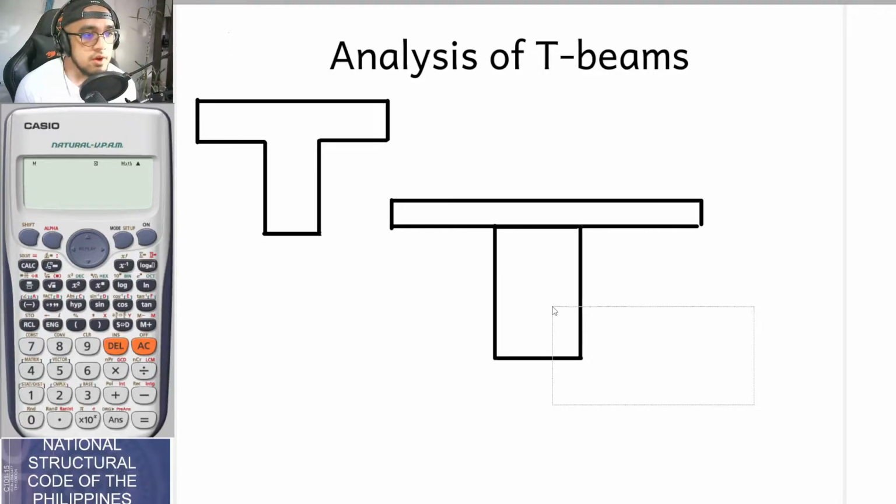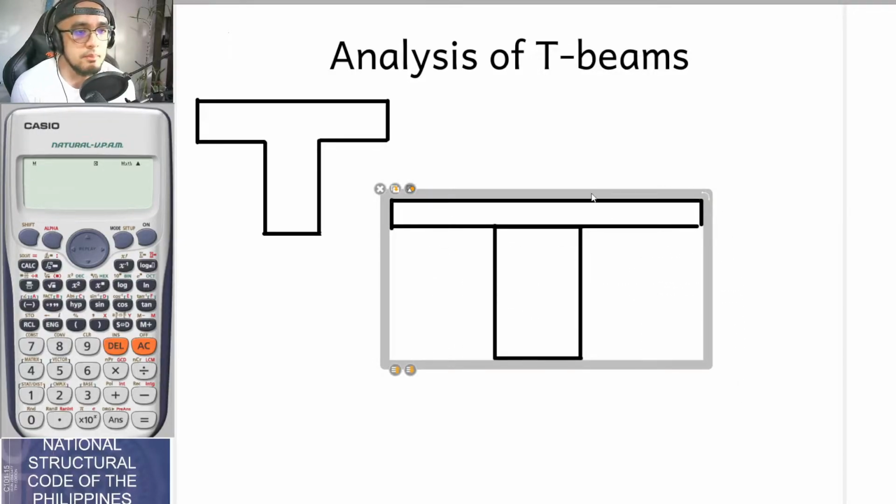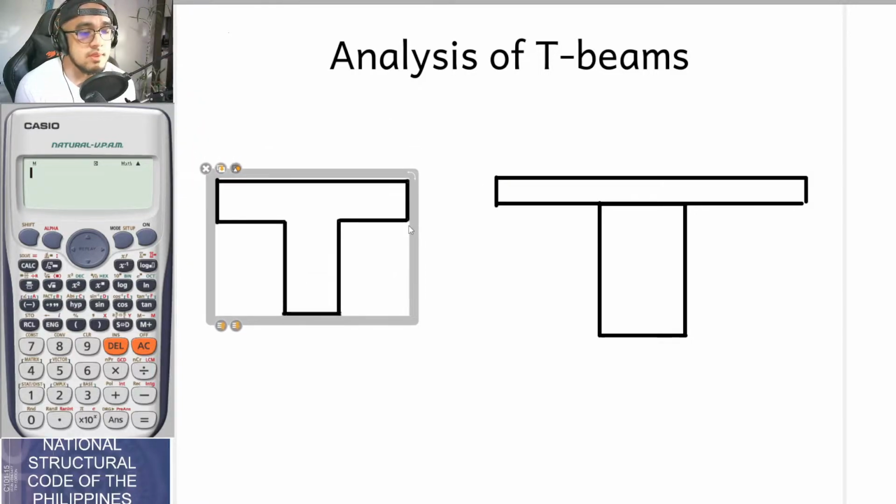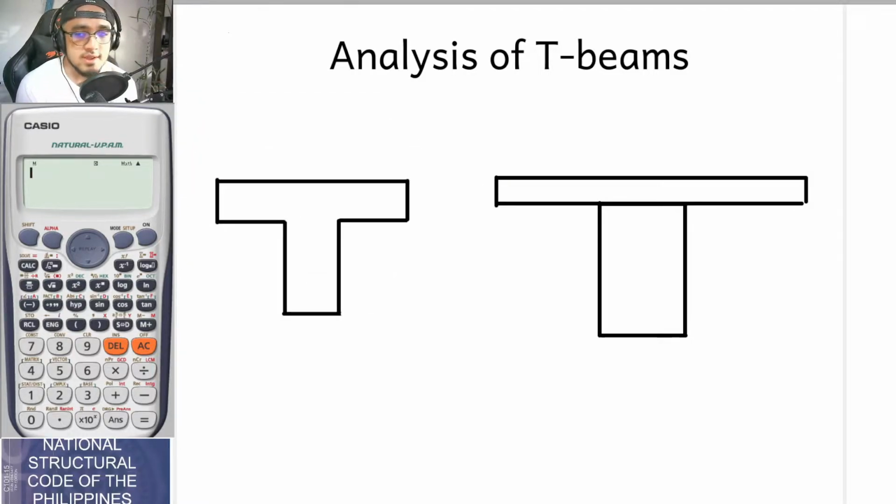For T-beams, instead of superimposing our slab, the slab is now homogeneous with the beam. In Tagalog, in Filipino, isang buhos silang dalawa. So if this is your slab and this is your beam, they are poured at the same time, or the concrete there is poured at the same time, thus resulting in a member or a material that is homogeneous in nature.